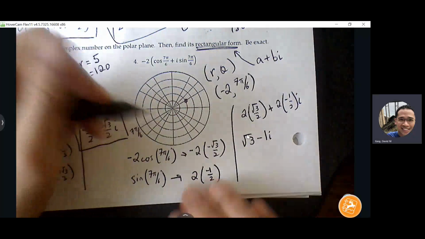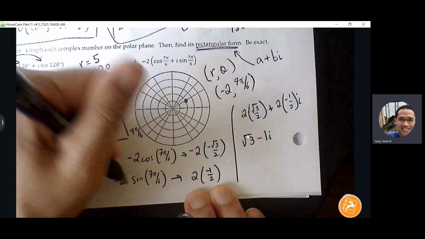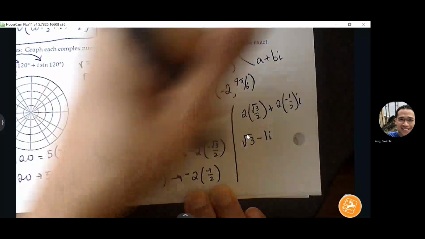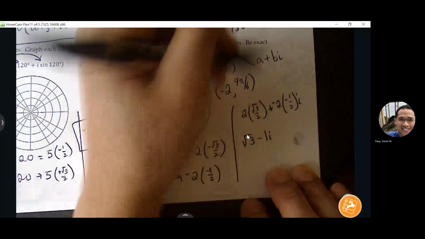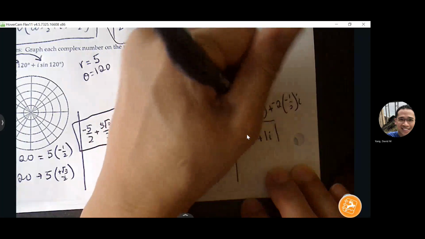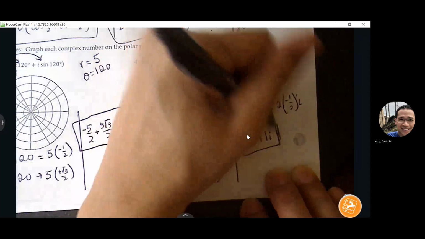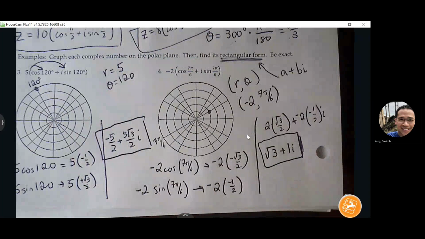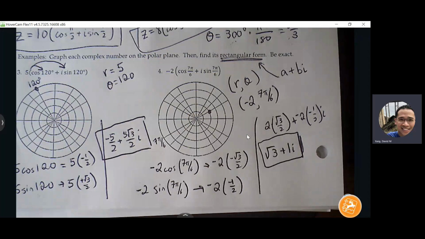And I distribute -2 through here. Okay, if we need to, we can review unit circle values so that we're able to get to these exact values, if your calculator is not giving it to you.